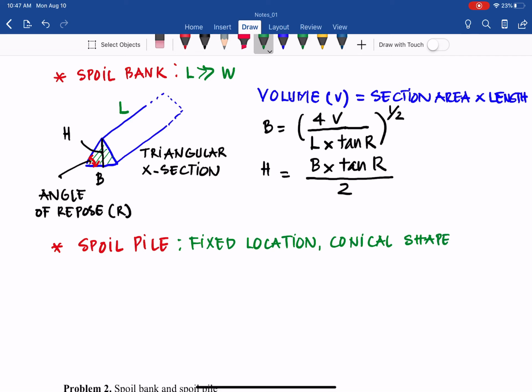Okay, so let me draw that concept. It will be here, and the base will be a circle.